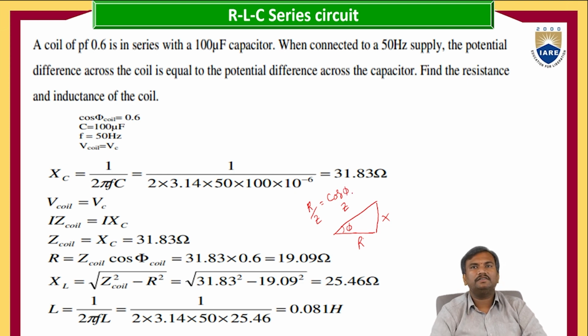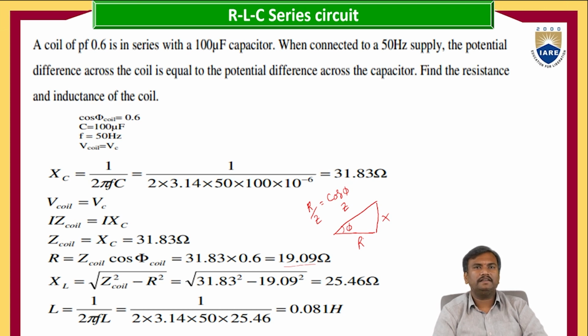When R by Z is equal to cos phi, we will get the resistance value R is equal to Z into cos phi. And here the Z value we got as 31.83 because the condition is given Z coil is equal to XC. 31.83 into 0.6, that is equal to 19.09 ohms.